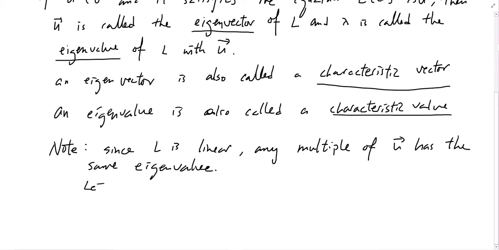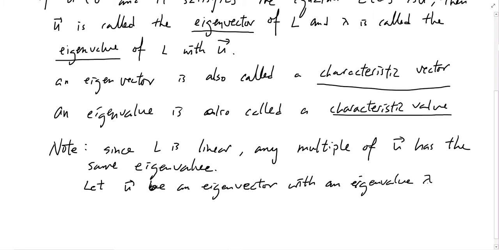Imagine the following. Let's say we let u be an eigenvector with an eigenvalue lambda. Therefore, L of vector u is equal to lambda times vector u. Now let's say vector v is equal to some constant c times vector u, some multiple of vector u.